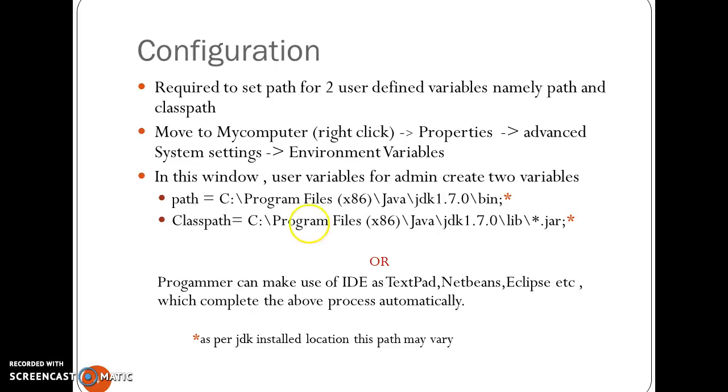If you are making use of any IDEs like TextPad, NetBeans or Eclipse, the whole process discussed, points number 1, 2, 3, will be automatically taken care of by the IDE. And remember one thing, the class path I have mentioned may vary depending on the installation location on your PC.